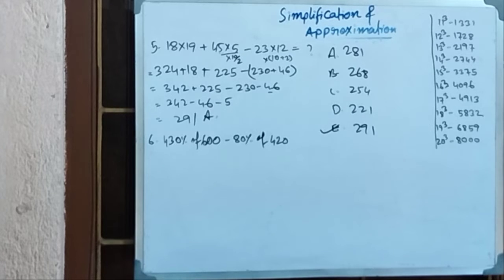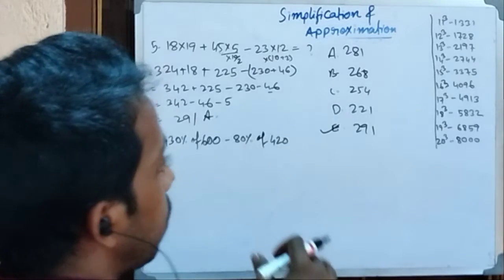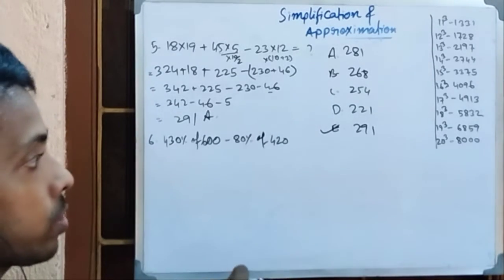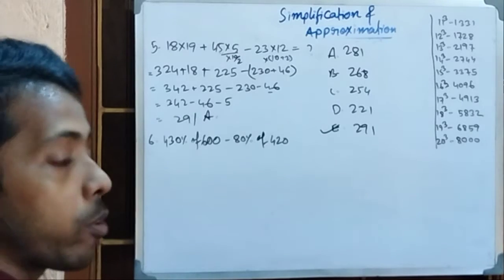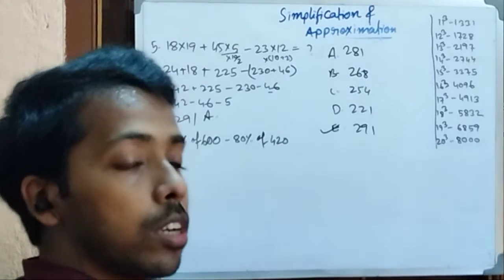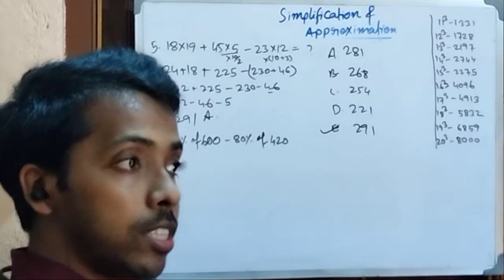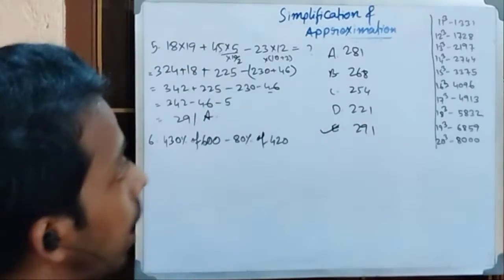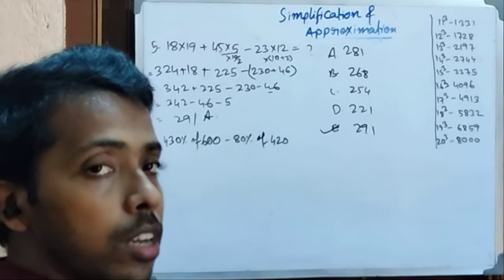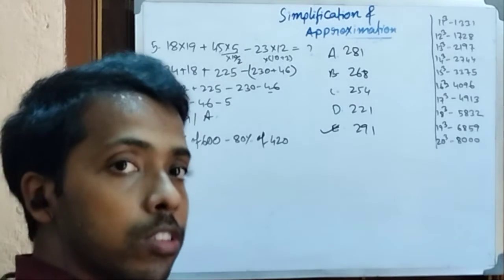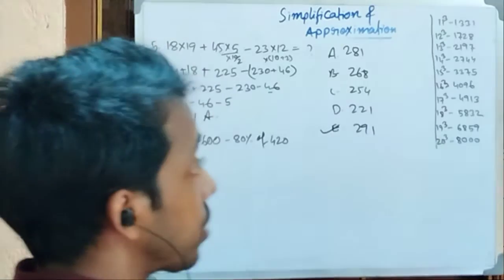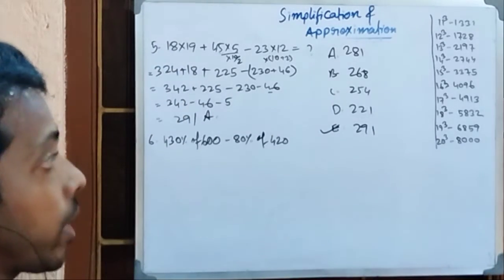To perform well in the exam, you should do all these questions within 5 minutes. All these simplification and approximation questions, the 5 questions that come, and the 5 number series questions, it is evident that within 7 to 8 minutes, either simplification or approximation and the number series questions, both collated, can be solved. So how can one do this?